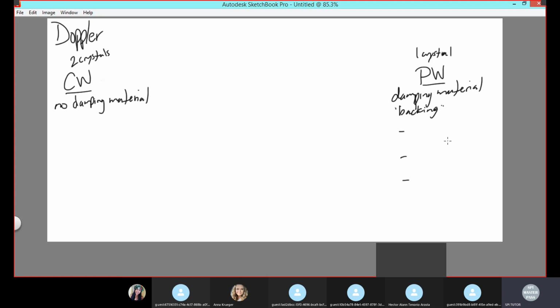And the three consequences associated with them, because they can just ask you little questions about this. It's no more than just, you know, what is a consequence of backing material? If you have backing material, what else are you going to have? Like the little definitions, okay? Nothing beyond that.